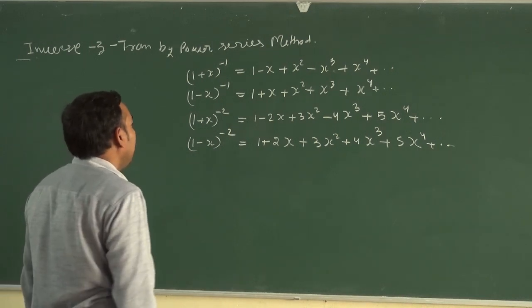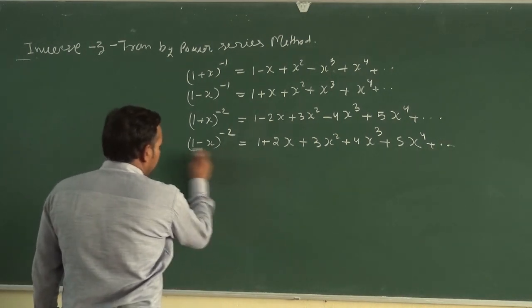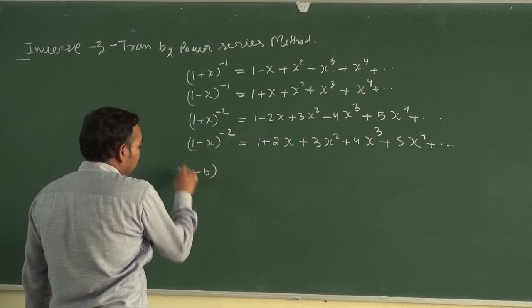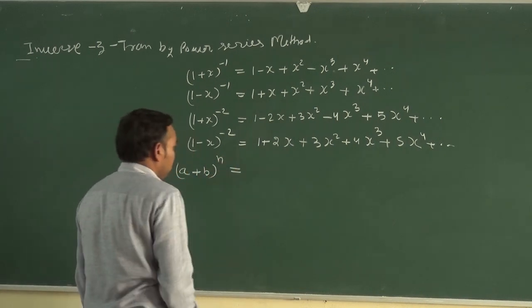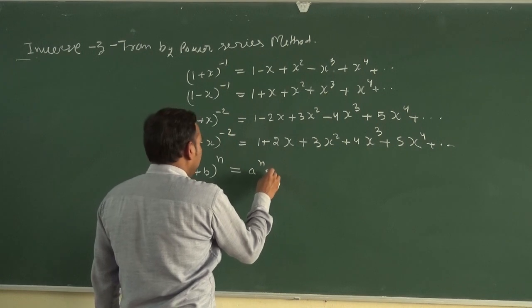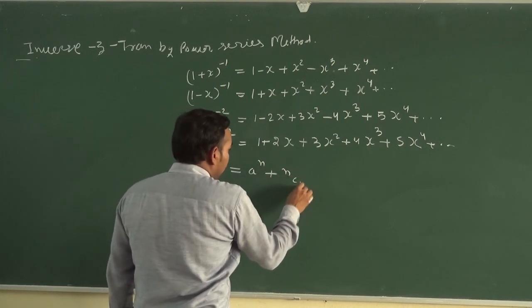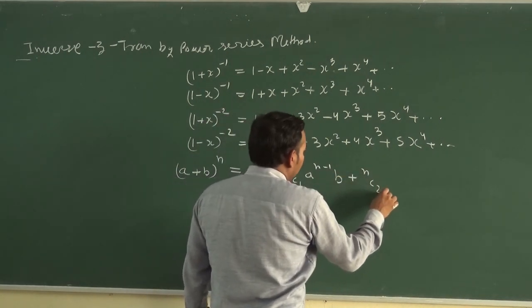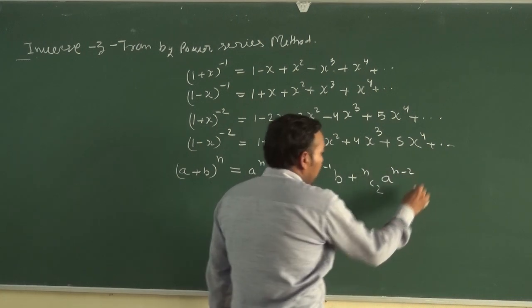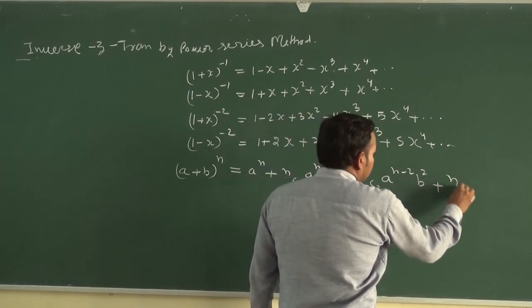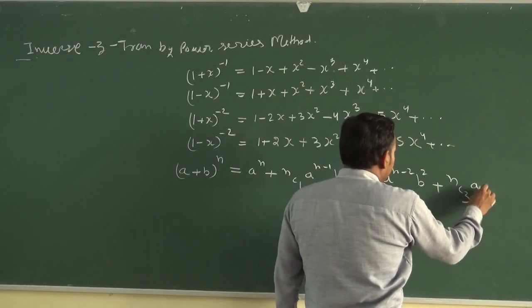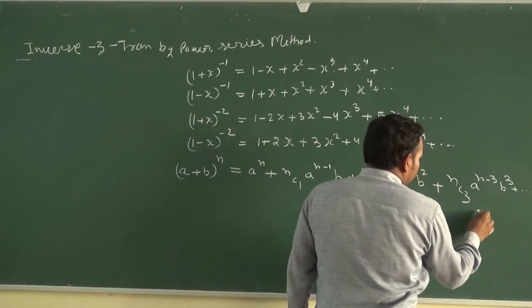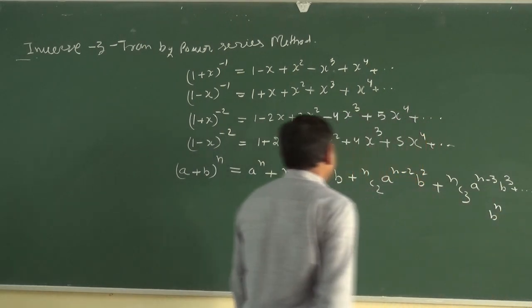These formulas can be derived by the binomial theorem: a plus b to the power n equals a to the power n plus nC1 a to the power n minus 1 b plus nC2 a to the power n minus 2 b square plus nC3 a to the power n minus 3 b cube and so on, up to b to the power n.